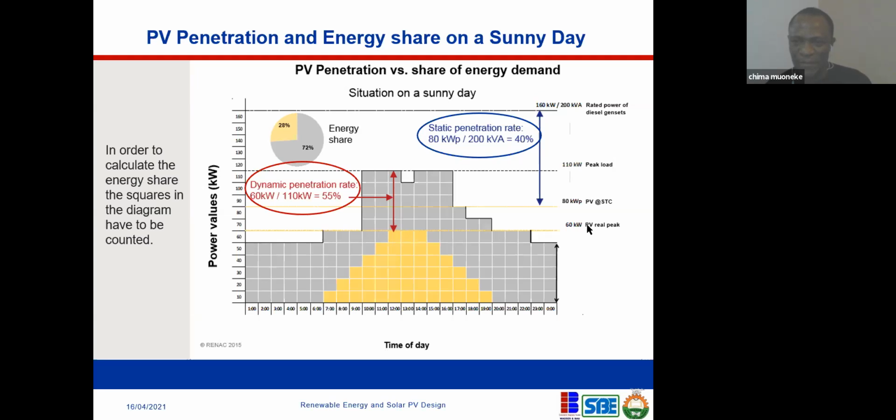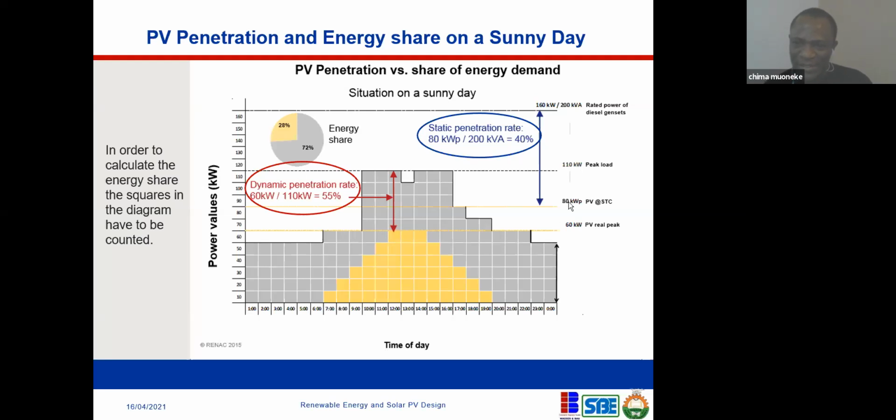Now the installed solar system capacity is 80 kilowatts at standard test condition. However, it's only generating 60 kilowatts. And of course, I said the real system peak demand is 110.